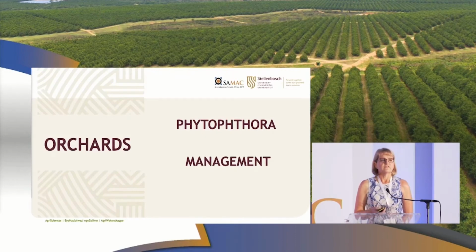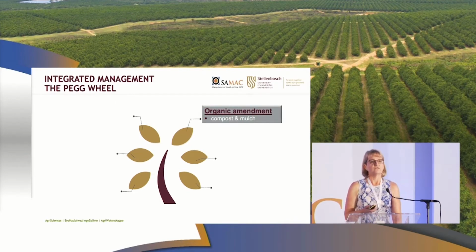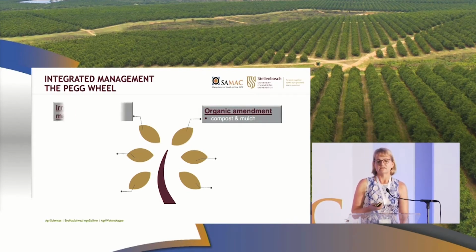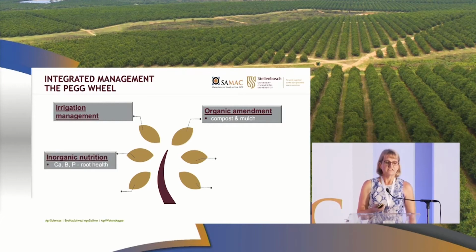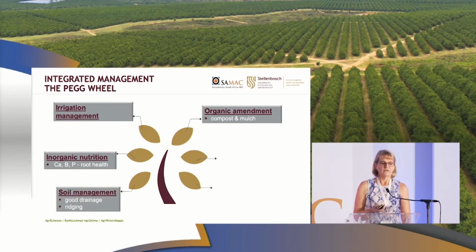So if we look at Phytophthora management specifically in orchards, as with all disease management, it is important to use an integrated disease management strategy, of which the first is organic amendments, then irrigation management, inorganic nutrition, specifically those nutrients that will promote root health, and soil management. Especially when establishing new orchards, ridging is very beneficial because it helps drainage.